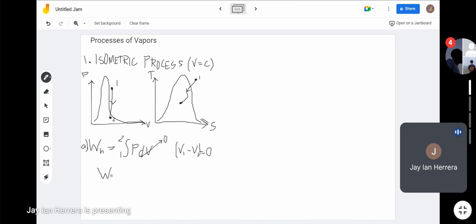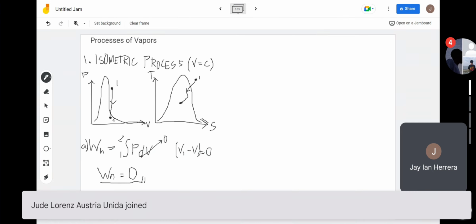So, for work non-flow ng isometric process natin for vapors is 0 lagi. Parang si isometric ng air or gases. Process of gases. Next is work steady flow.